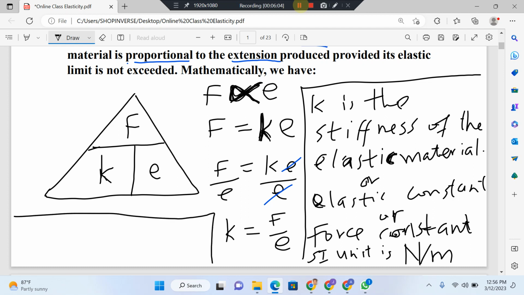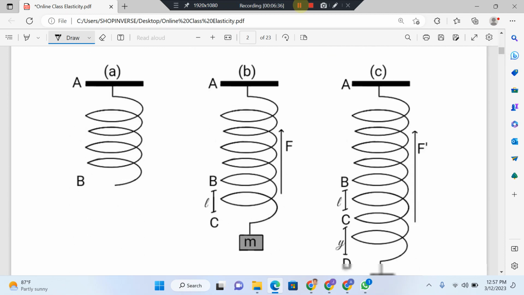The extension can also be measured in centimeter or millimeter, so you can state the unit of K as Newton per meter, Newton per centimeter, or Newton per millimeter, depending on the extension given in the question.